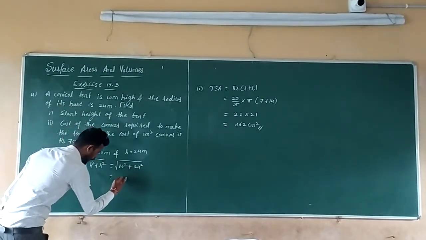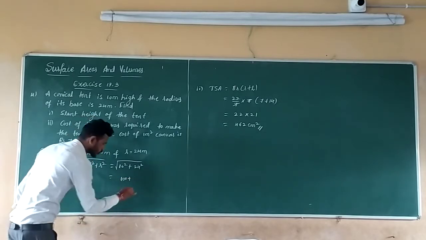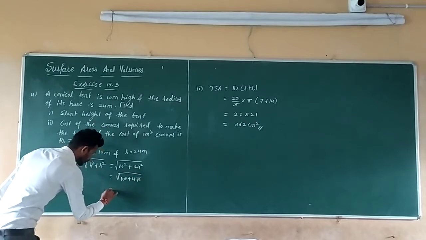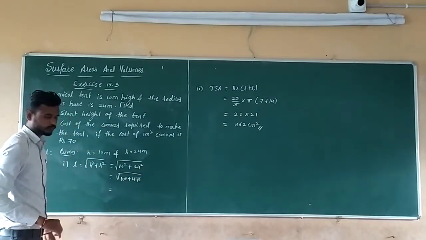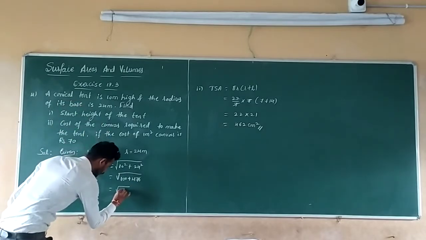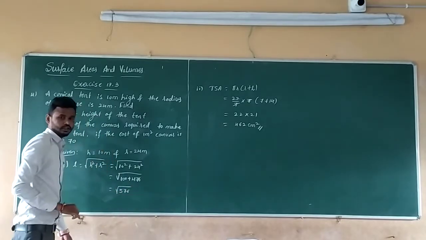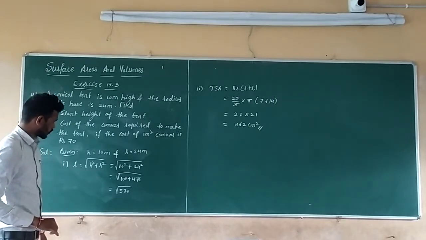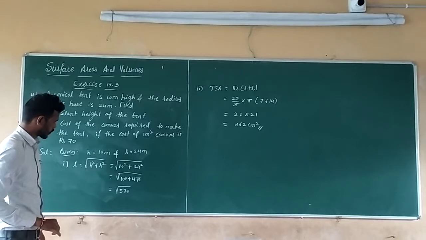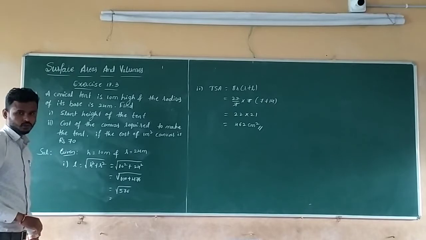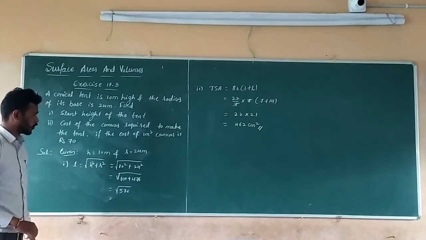So 10 square you will get 100, plus 24 square, which is 476, sorry, 576.